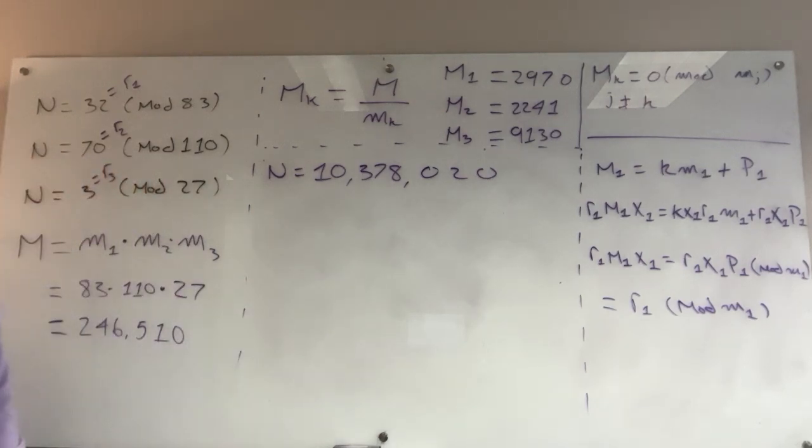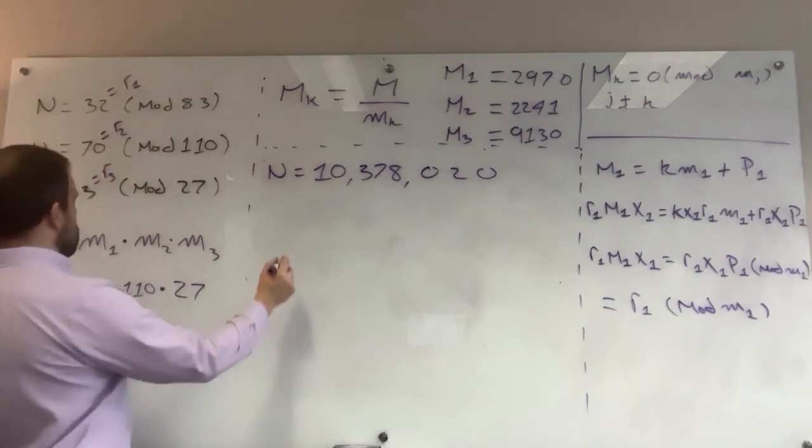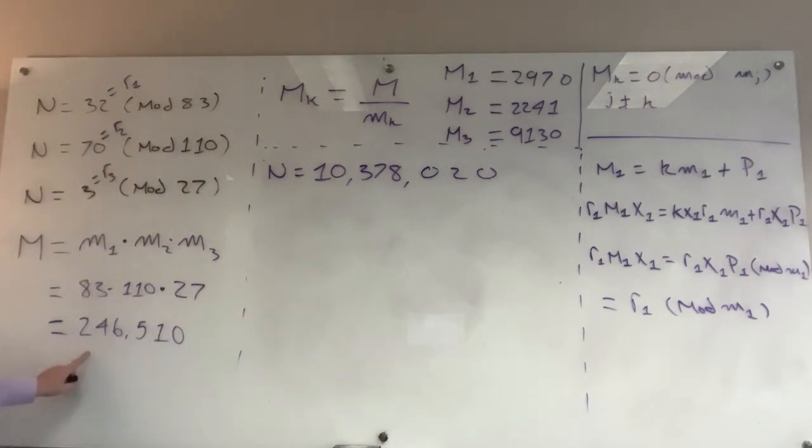Okay, now remember capital M is equal to 246,510. And what we want to do is subtract off this number as many times as we can so that we still have a positive number. Because that's also going to be a solution.